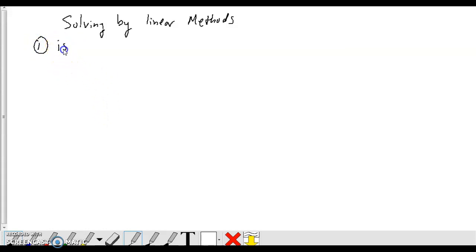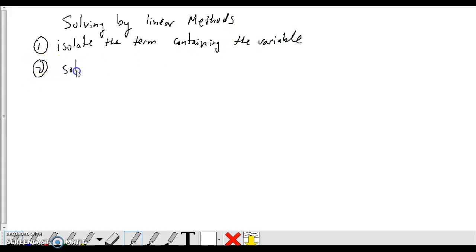The first thing you want to do with any problem is isolate the term containing that variable. Then the second one is figure out how to solve for the variable. Pretty straightforward. Let's do our very first example for this page.